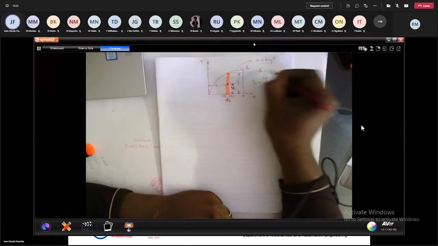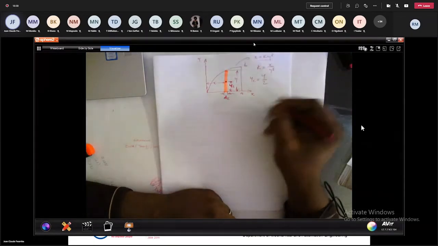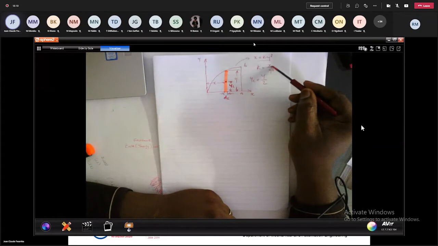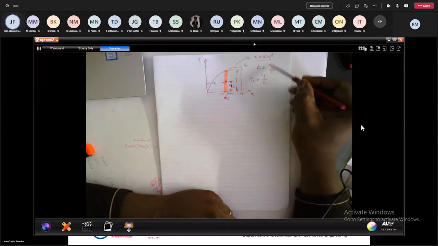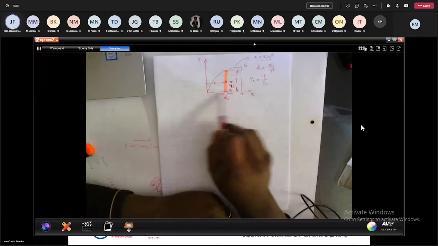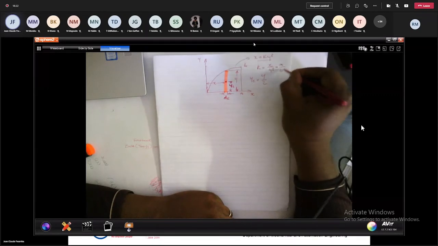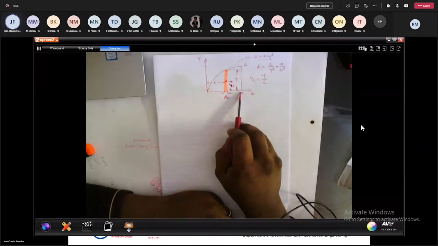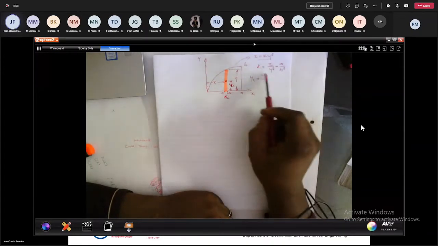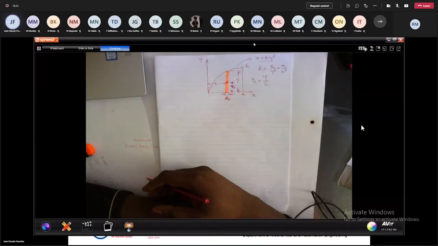So k will be x over y cubed. Here x is a and y is b, so k will be equal to a over b cubed, and I can quantify the value of my constant k.